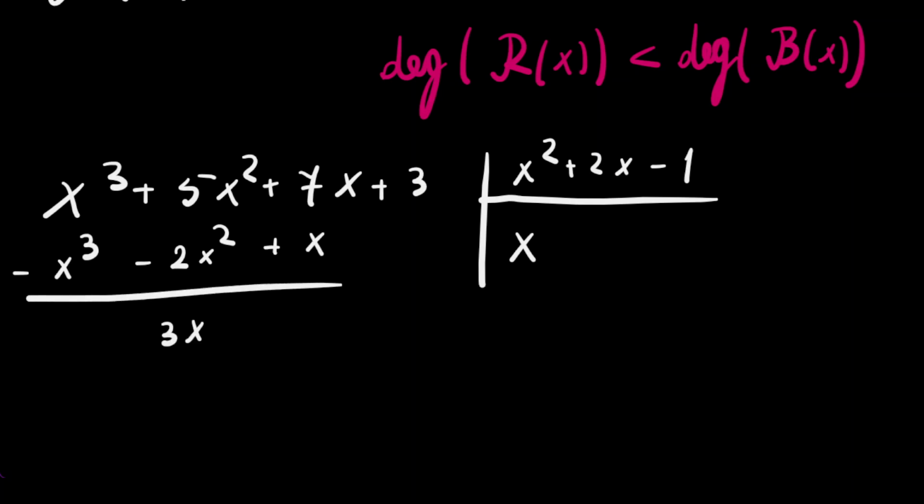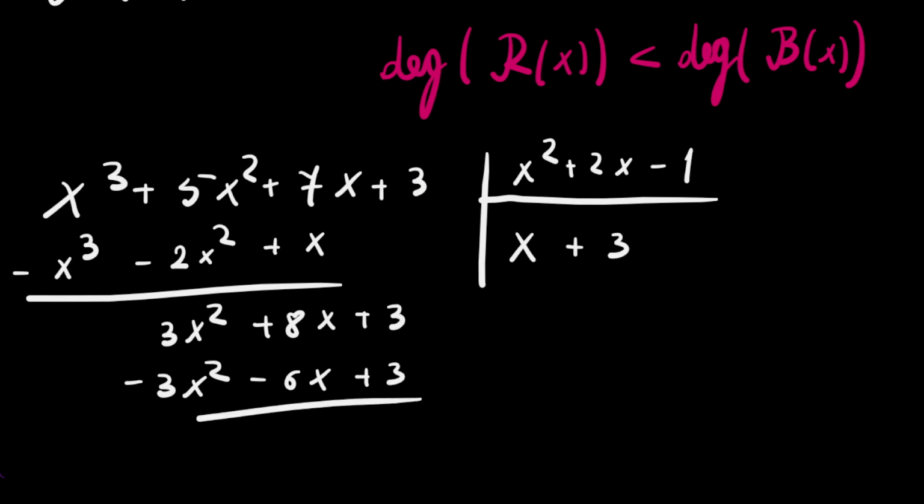So I will have 3x squared plus 8x plus 3. What I did here is that I multiplied x by this expression and put a minus before it. Right now I will put a 3. So I will have 3x squared plus 6x minus 3. So I will eliminate x squared and it's going to be 2x plus 6.